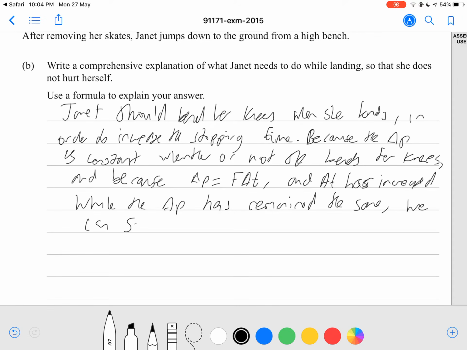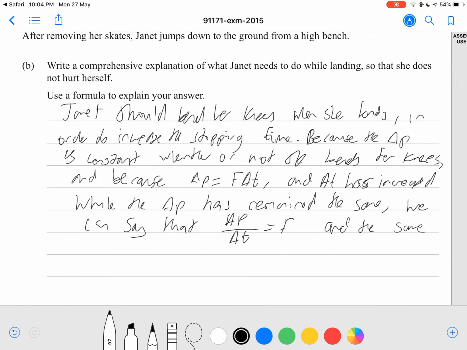We can say that change in P divided by change in time equals force.